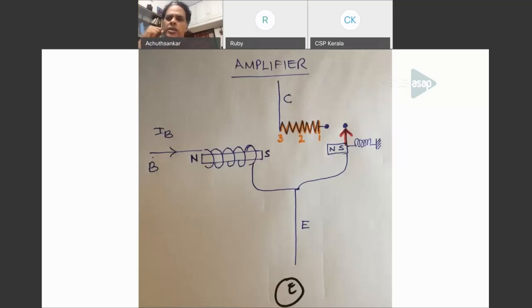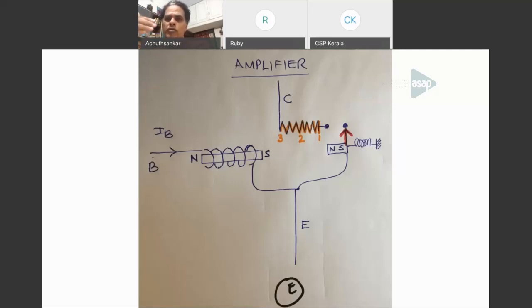That means it is always pulled to the extreme position. And on the pointer, there is an ordinary magnet with polarity north and south, as indicated. Now, if you send a base current through the base, the electromagnet will attract the pointer magnet.